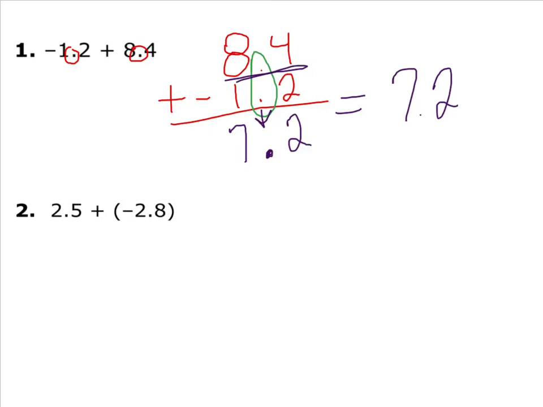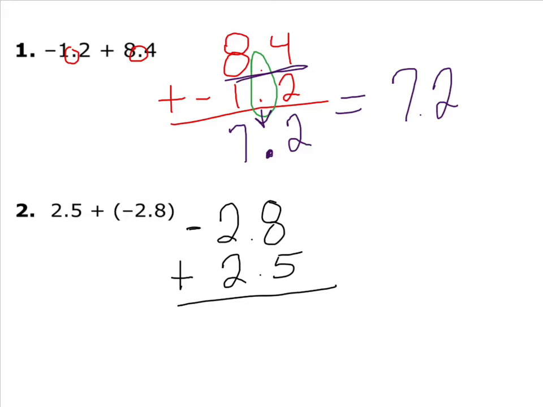The next one says 2.5 plus negative 2.8. Again, the first thing I have to do is line up my decimals. So I'm simply going to have negative 2.8 plus 2.5.